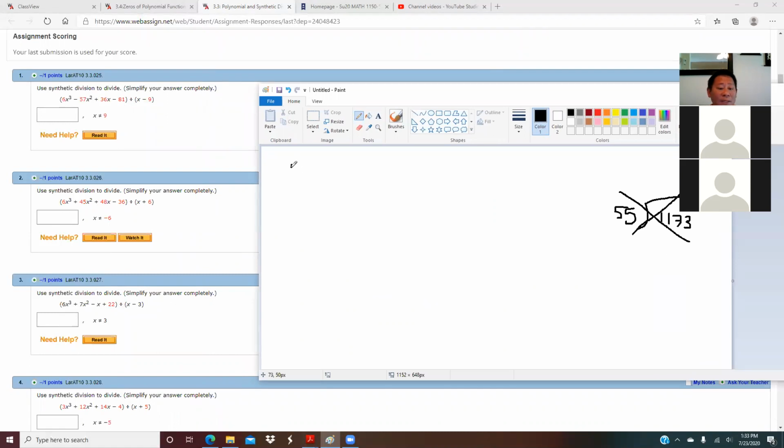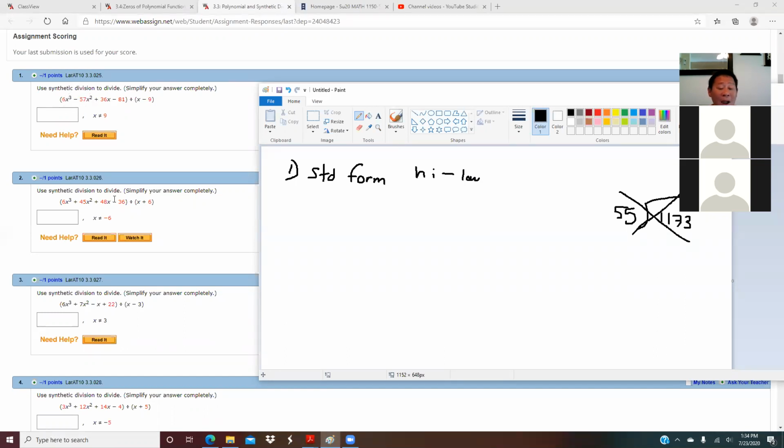First thing when you perform synthetic division is make sure that you write this in what we call standard form. What is the meaning of standard form? Standard form means that you have to write your polynomials from high to low power. So in this case, like question number 1, question number 2, question number 3, question number 4, they're all in standard form, because you can tell that they go from high to low.